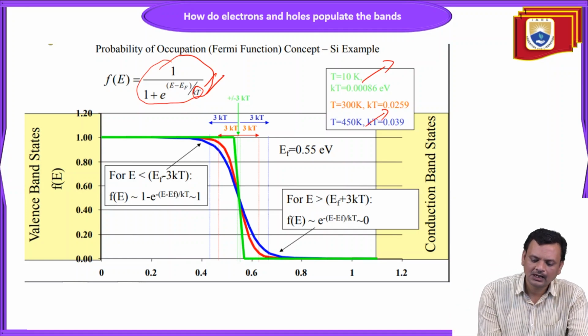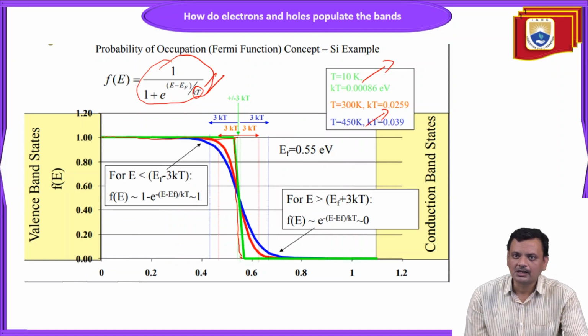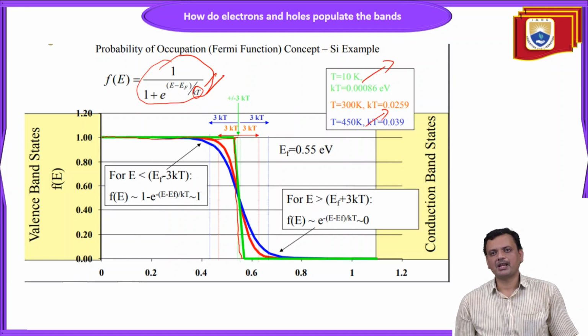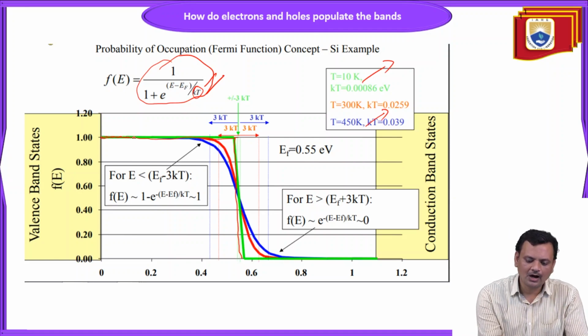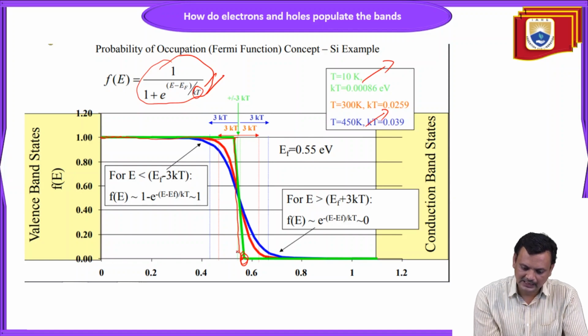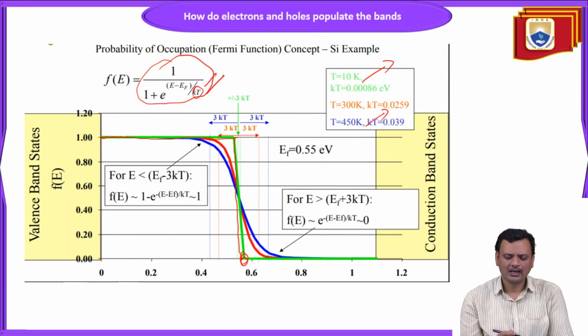So see here, nearly 0 Kelvin, means for 10 Kelvin, this curve is nearly equal to a step-like function. Means they are showing that perfectly all the bands up to this energy range are completely filled, because they are showing the probability 1.